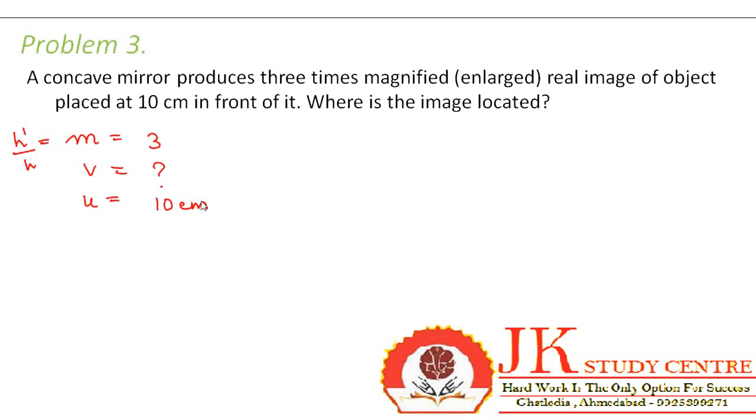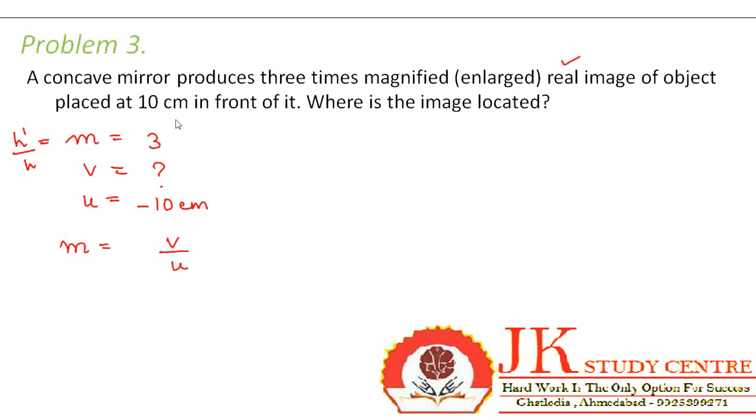Now the object is always placed on the left hand side of the pole, so it would be negative, right? From the definition of magnification, magnification is equal to the image distance divided by the object distance. Now here it says that it produces a real image.